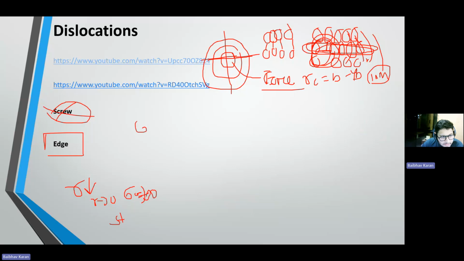For an edge dislocation, there is a value for sigma xx, the stress along the x direction on the x plane. When we use the formula, we found that the stress value looks like this.